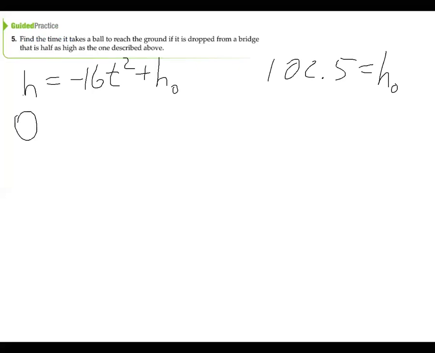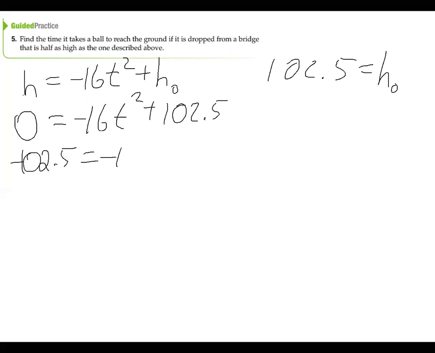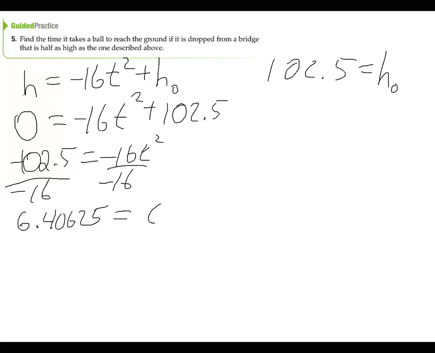When it hits the ground, its height would be 0, and it was dropped from a height of 102.5 feet. So subtract 102.5, divide both sides by negative 16, and 102.5 divided by 16 is 6.40625 equals t squared.